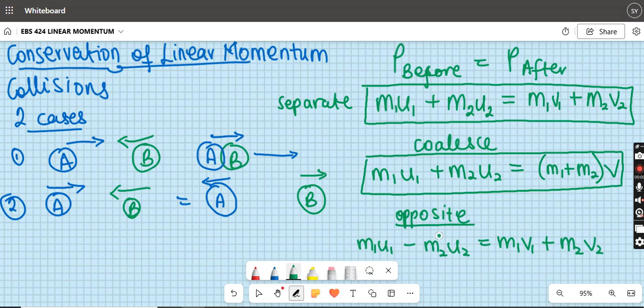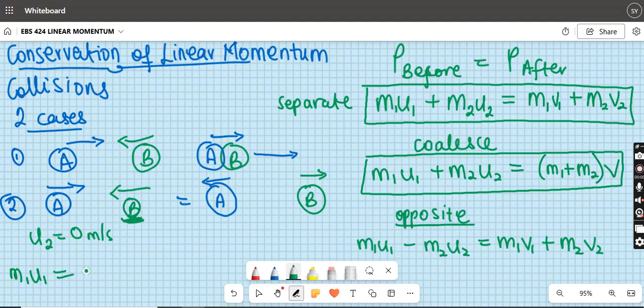Now, the last condition is if one of the bodies was at rest. Let's say this one was at rest. Then u2 will be 0 meters per second. So we are going to have m1u1, and if we add m2u2, all this will be 0, so we take it out.